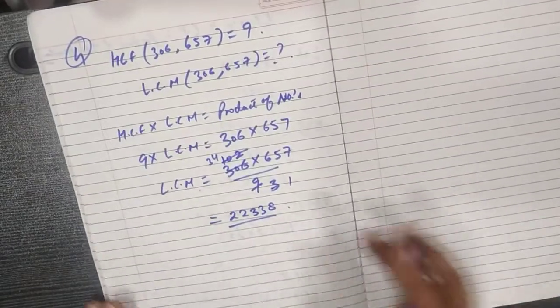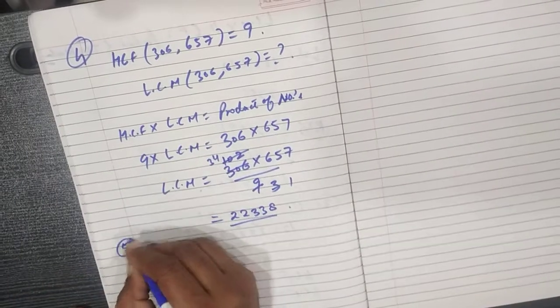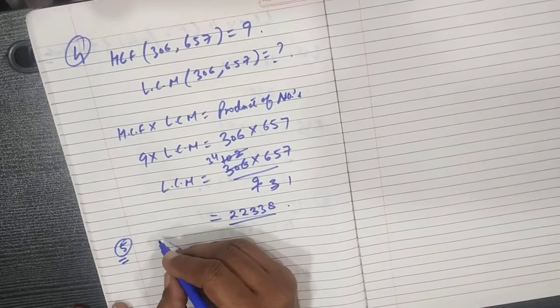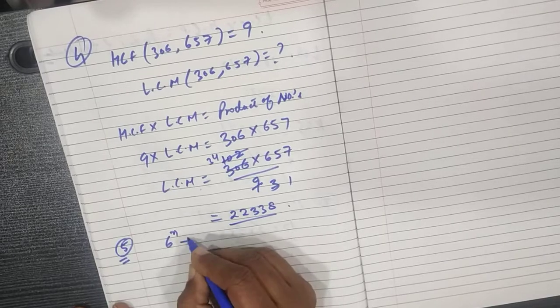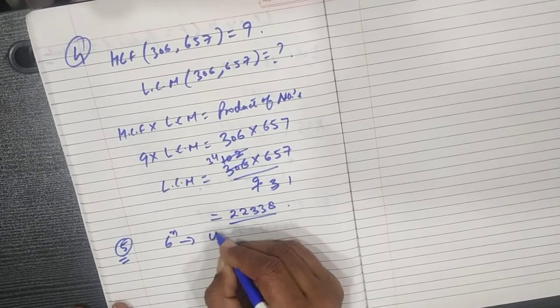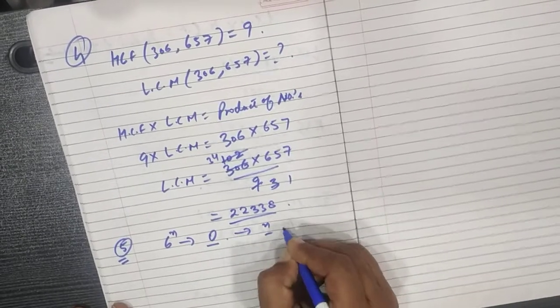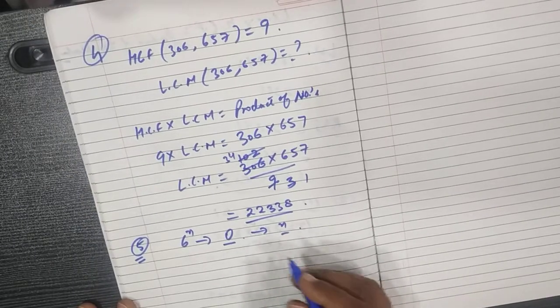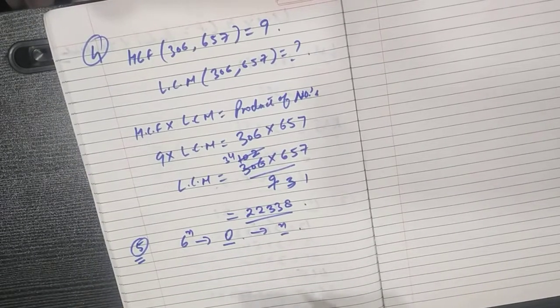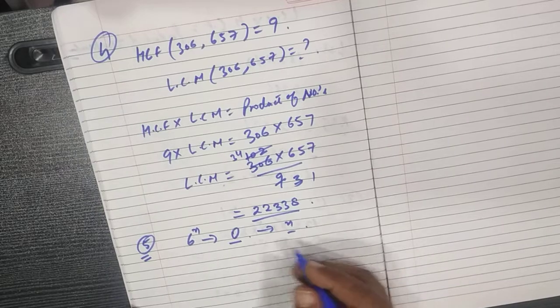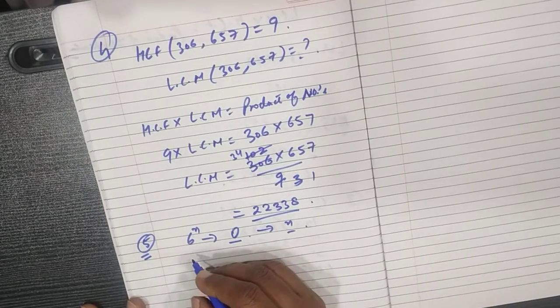Now comes question number 5. Very, very important question. The question is, check whether 6 power n can end with the digit 0 for any natural number n or not. So for this question we will solve by contradiction method, that is by supposition method.